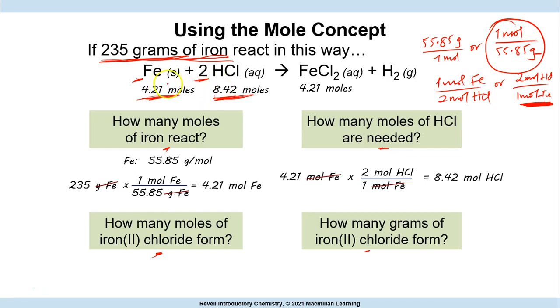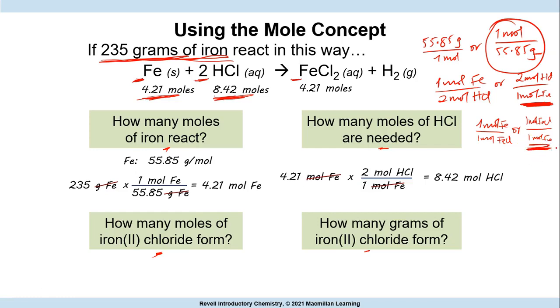So if you look at the balanced equation, you will see that 1 mole of iron reacts with 1 mole of iron chloride. So we know that 1 mole of iron reacts with 1 mole of iron chloride, or 1 mole of iron chloride gives 1 mole of iron. So whichever of these ones, we are using the conversion factor where we will have moles of iron at the bottom to cancel out, and we have the moles of iron chloride that are left.